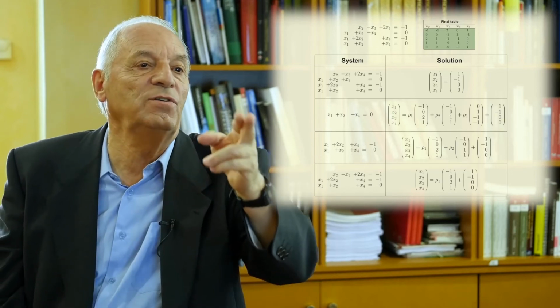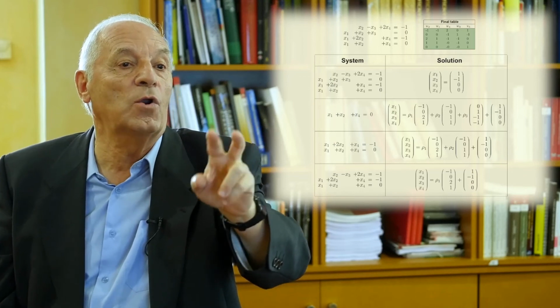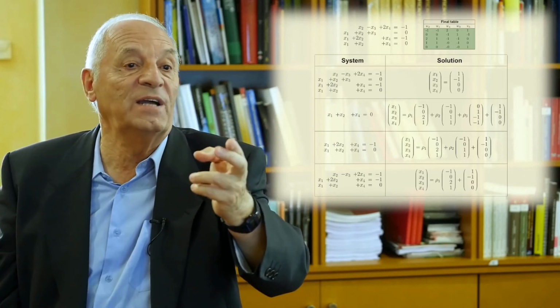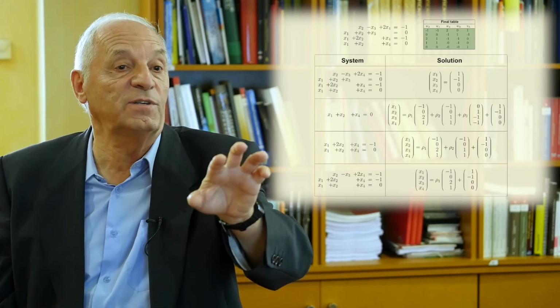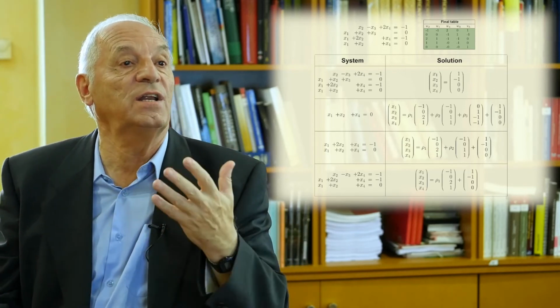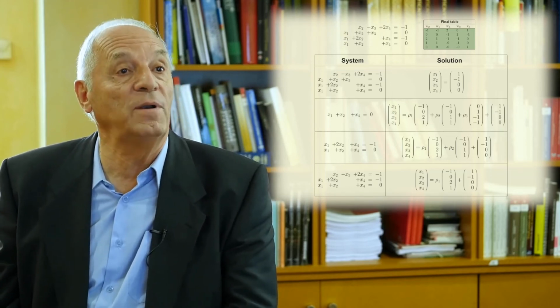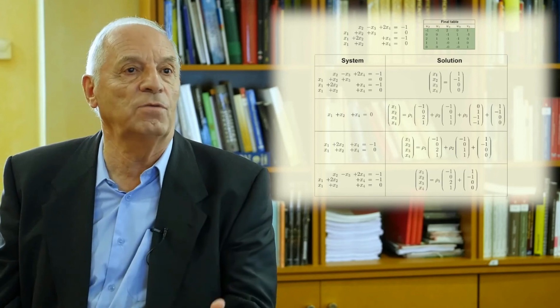You can see that the solution x1, x2, x3, x4 is a linear subspace of dimension 2, rho 1 times one vector plus rho 2 another vector. This is a linear subspace of dimension 2, plus a particular solution. This is the general solution, or the general structure of the solutions of a complete system. It's always a particular solution plus a linear space.